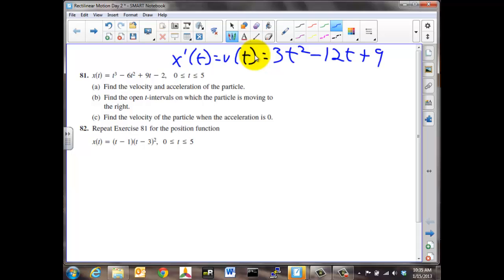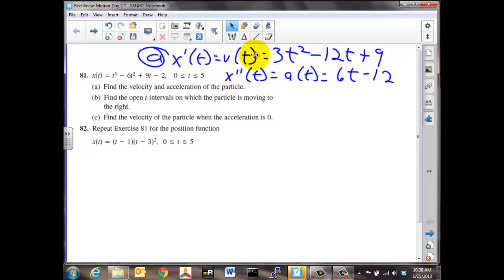Okay? And then if we take the second derivative, that'll be our acceleration. And we will get 6t minus 12. Yes, sir. Okay, so there's a part of that. That's just said find the velocity and acceleration. There's a part right there.